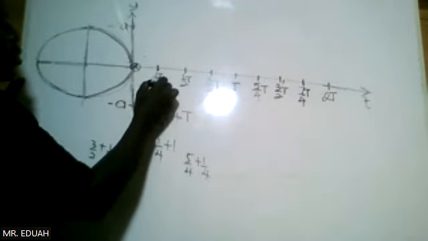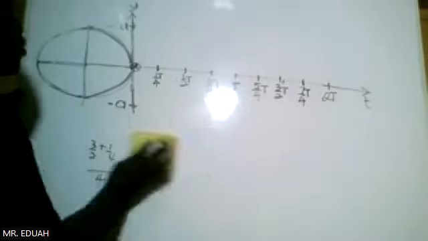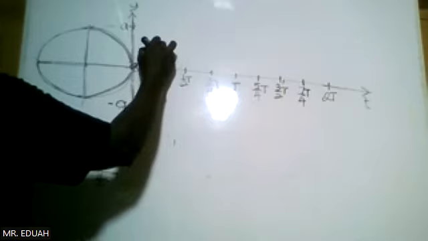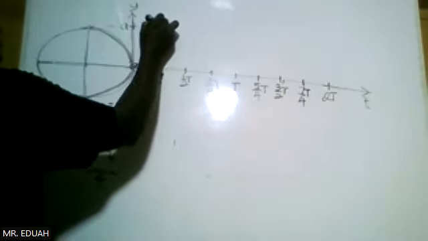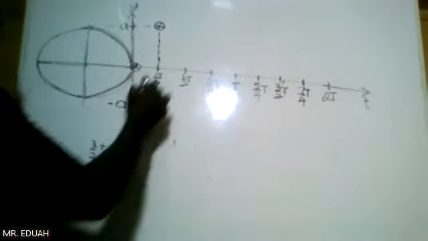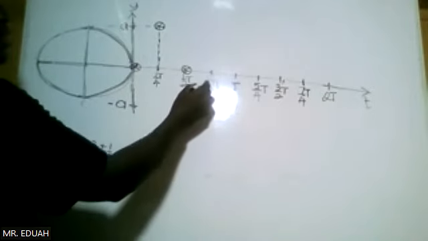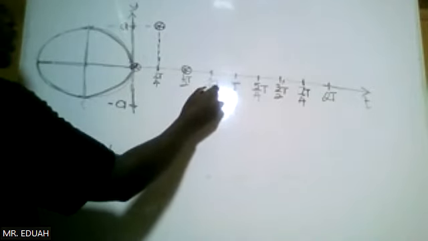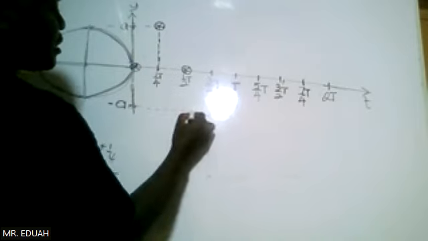When t is equal to a quarter of the period, y is equal to A. So we have this. At t is equal to half of the period, y is 0. At t is equal to 3/4 of the period, y is equal to minus A.